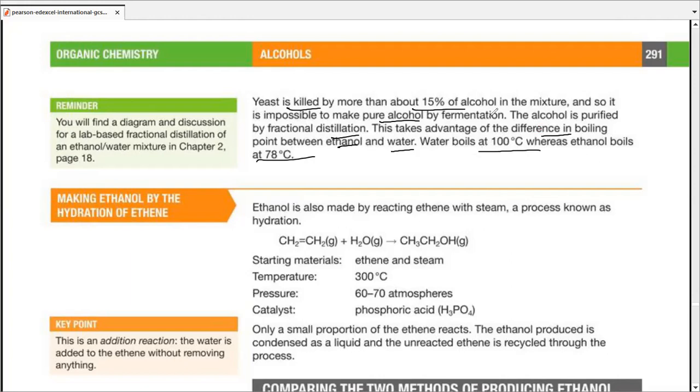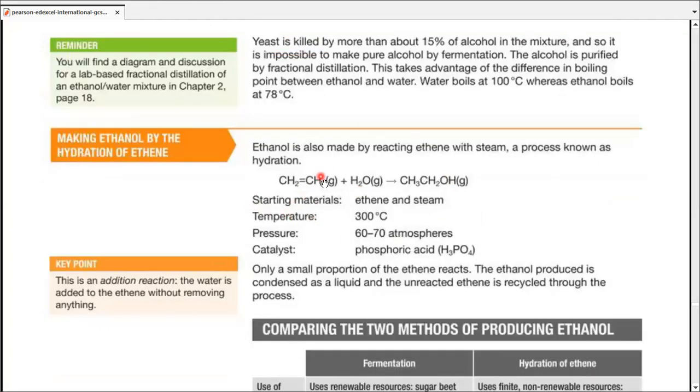Okay. Now, we already have gone through the system where ethene was hydrated by using steam and was converted into ethanol at 300 degrees centigrade temperature, 60 to 70 atmospheric pressure, and in the presence of phosphoric acid, which acts as a catalyst.